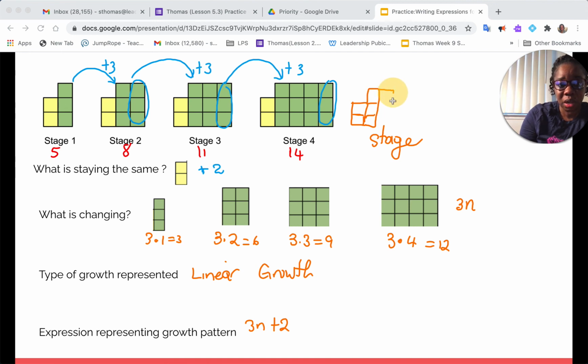So that's 1, 2, 3, 4, and then last piece, that's 5. So how many squares would I have in total? That's 5 times 3, that's 15 plus 2, 17. So that would be a total of 17 squares.